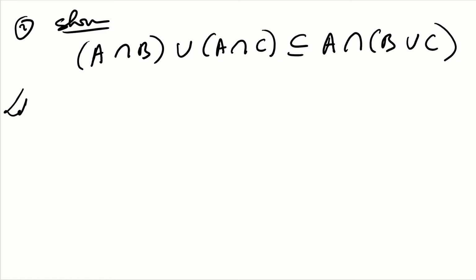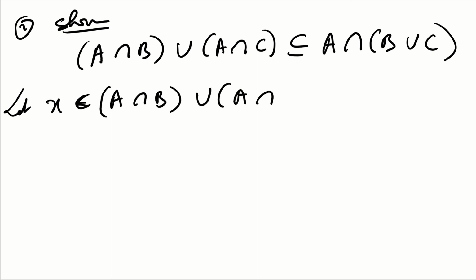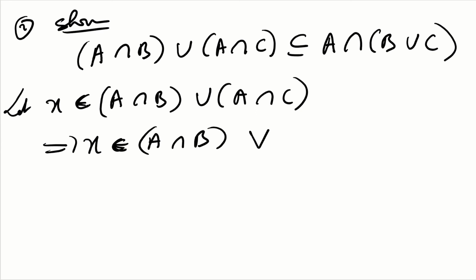Again, let x be in A intersection B union A intersection C. This implies x in A intersection B or x in A intersection C. So this is by definition of a union.